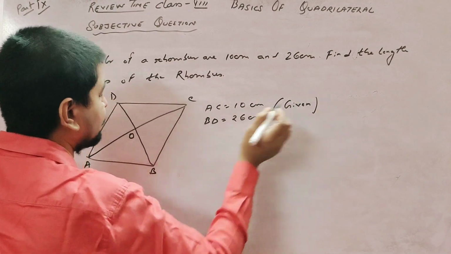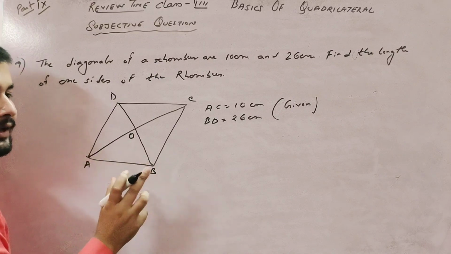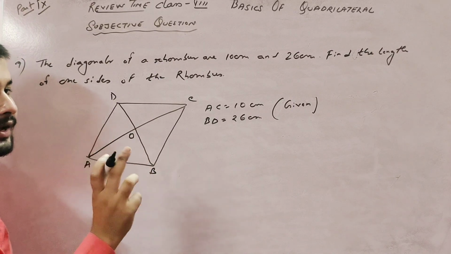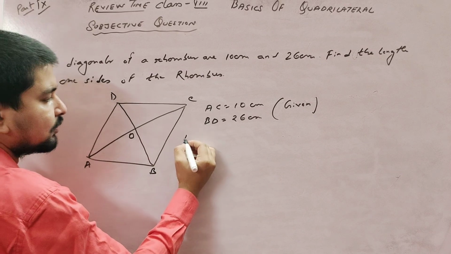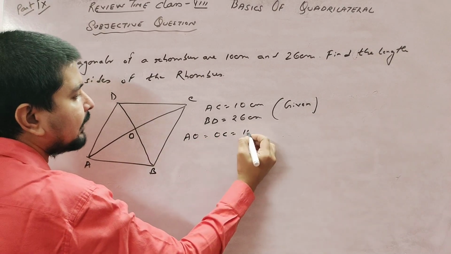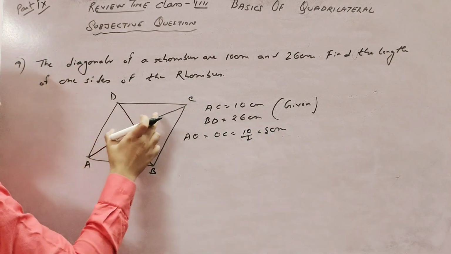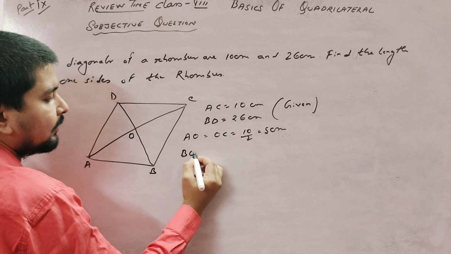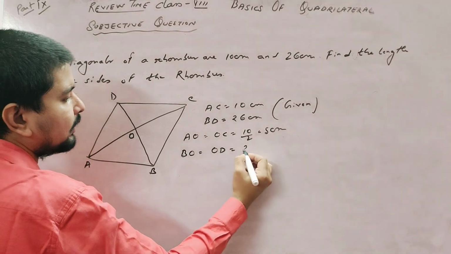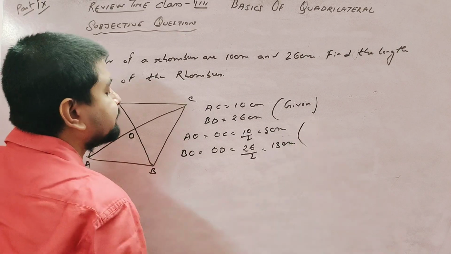We know that the diagonals of a rhombus bisect each other. So therefore AO equals OC equals 10 by 2, because divided into 2 equal parts. So this 10 converted into 5 and 5. And BO equals OD equals 26 by 2, that is 13 centimeter.